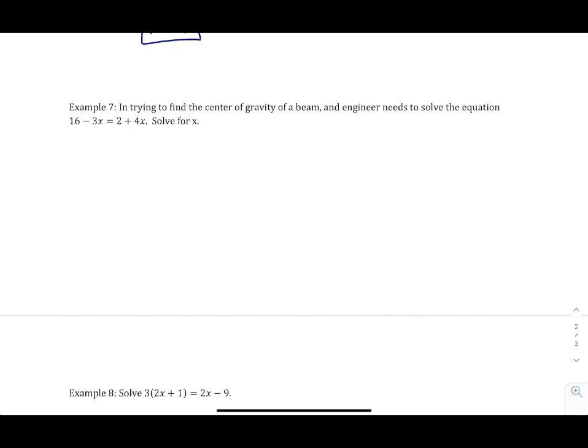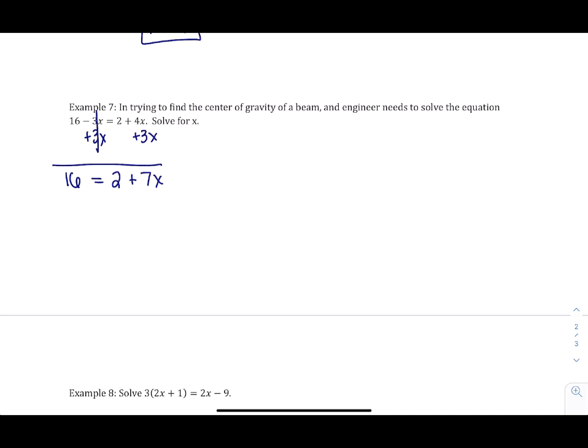I'm going to show you where you don't always have to bring the x's to the left. We're going to bring it to the right this time. So right now I have minus 3x, so I will add 3x so that they cancel here, leaving me with 16 on the left and 2 plus 7x on the right, since 4x plus 3x is 7x.